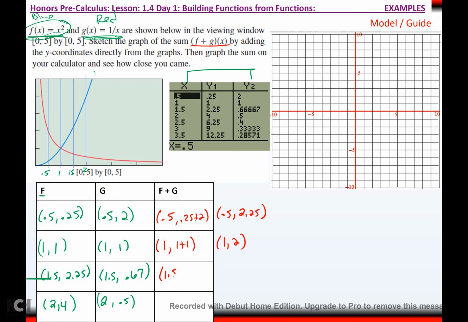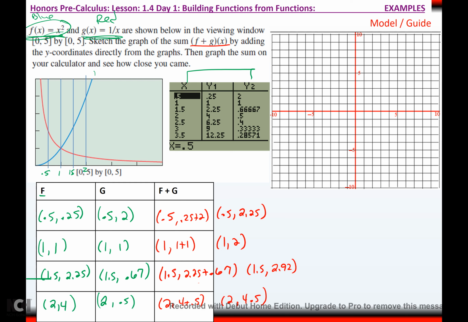This is going to be 1.5, 2.25 plus 0.67 is going to be 1.5, 2.92. This is going to be 2, 4 plus 0.5 is going to be 2, 4.5.